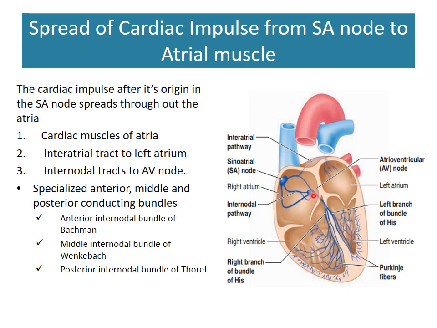And these are specialized anterior, middle and posterior conducting bundles, named after the scientist. Anterior one is the anterior internodal bundle of Bachmann, middle internodal bundle of Wenckebach, and posterior internodal bundle of Thorel.